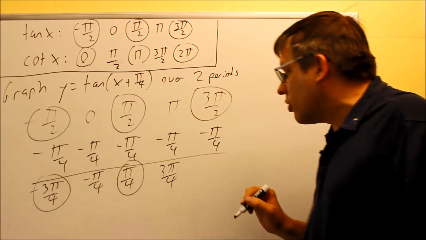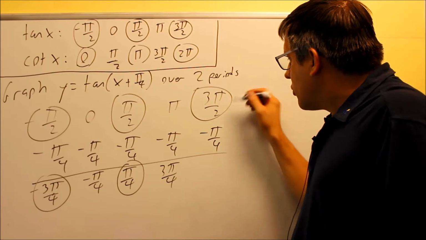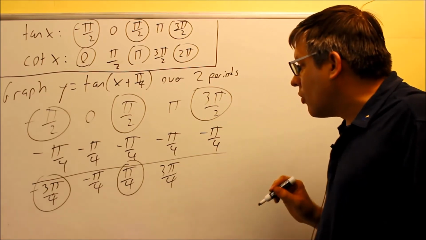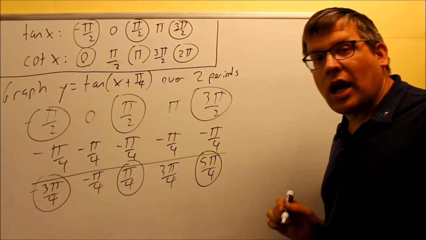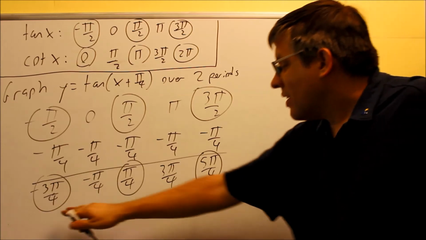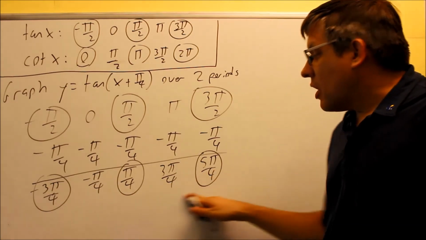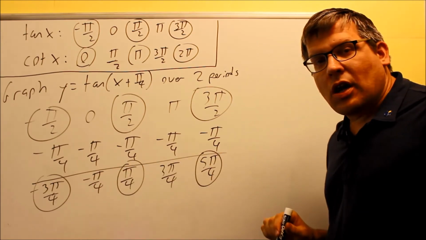That's 1 minus a quarter is 3 quarters. And then this one, 3 pi over 2 minus pi over 4, you're going to get 5 pi over 4, and that's another one that's going to have a vertical asymptote. So we've subtracted all of them through. We're left with this. These are going to be my new key points for the graph, and the circled ones are going to be the ones that have vertical asymptotes.